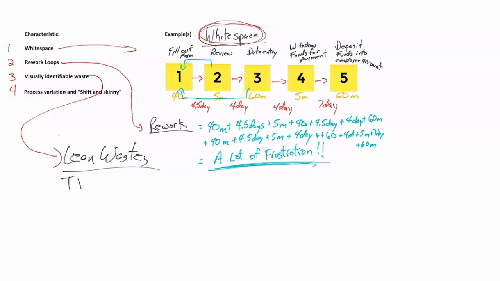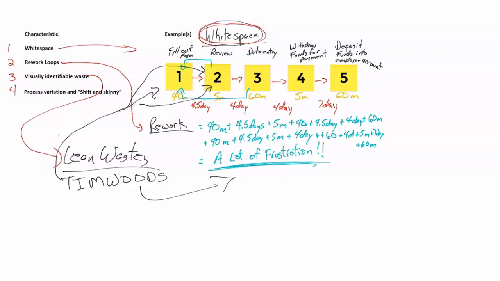Transportation waste, inventory waste, motion waste, waiting waste, overproduction waste, overprocessing waste, defect waste, and staff skill underutilization. We've got a whole separate video that dives deeper into these, but these visually identifiable wastes occur throughout each one of the steps, adding to even more frustration.